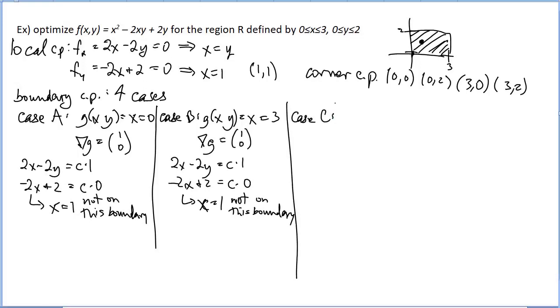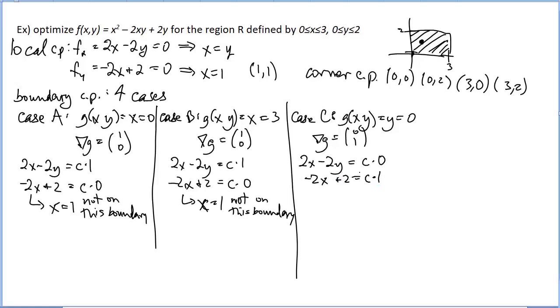Case C. Now let's take the bottom boundary. y equals 0. So our function is y, and now we take the gradient. You get (0, 1). So that gives us the equations 2x minus 2y equals c times 0, and then negative 2x plus 2 equals c times 1.